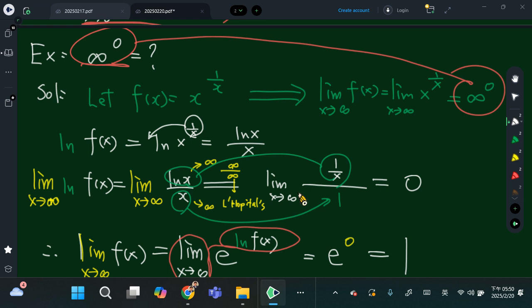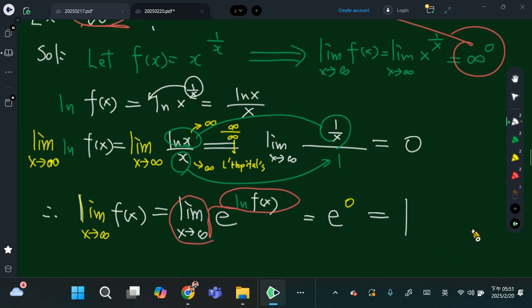Do you remember that for any number as a base, when we set its power to 0, everything is 1, right? So right now we have furthermore proved that infinity to the power of 0 is also 1.